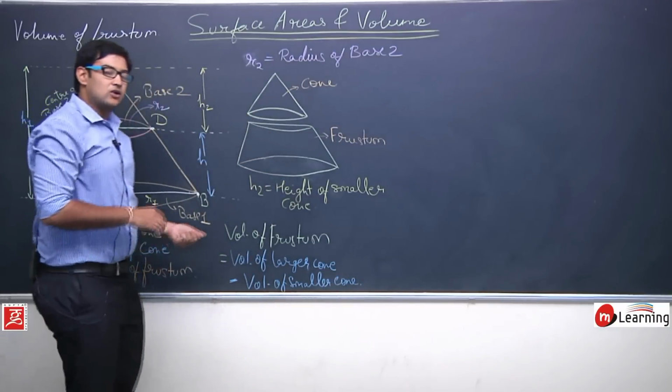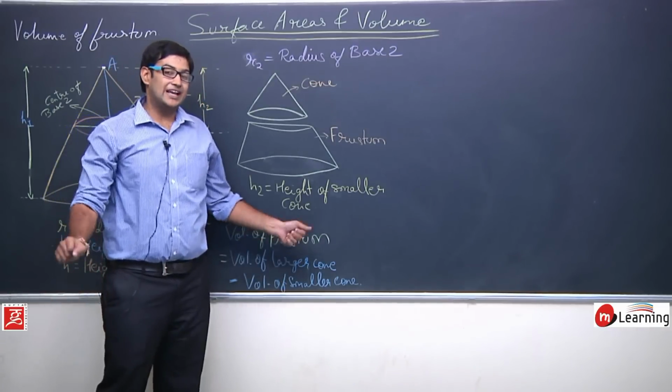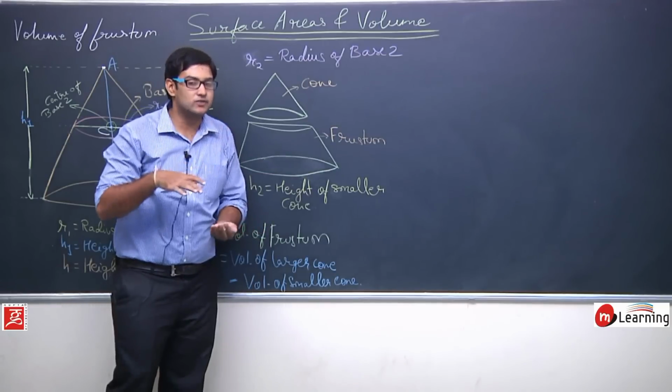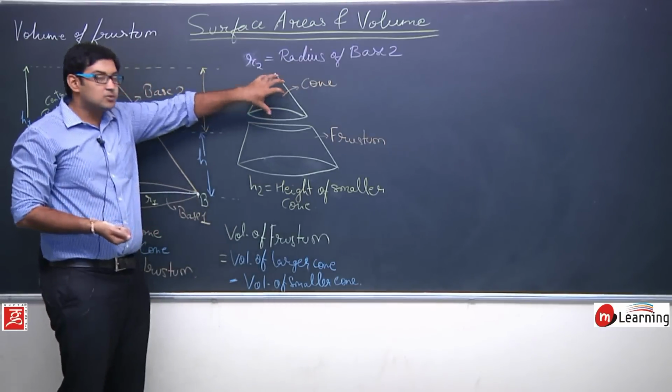Now this is the most important conclusion. This frustum is made from the bigger cone. It is a part of the bigger cone, formed by removing this smaller cone.